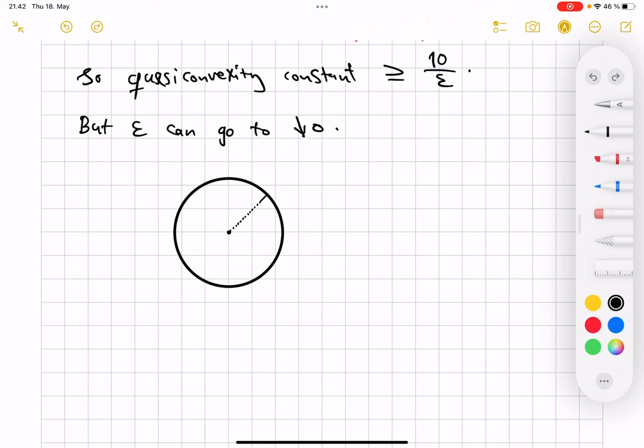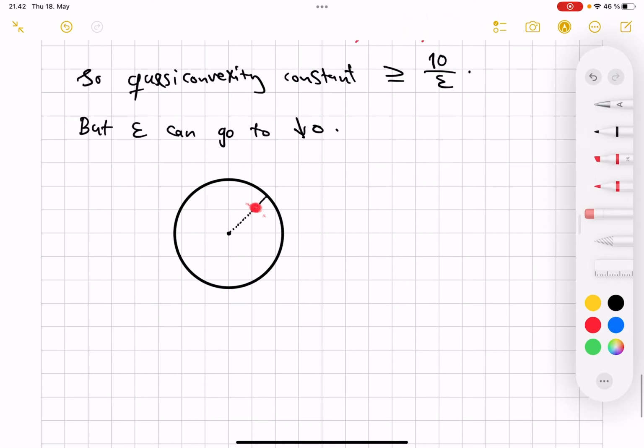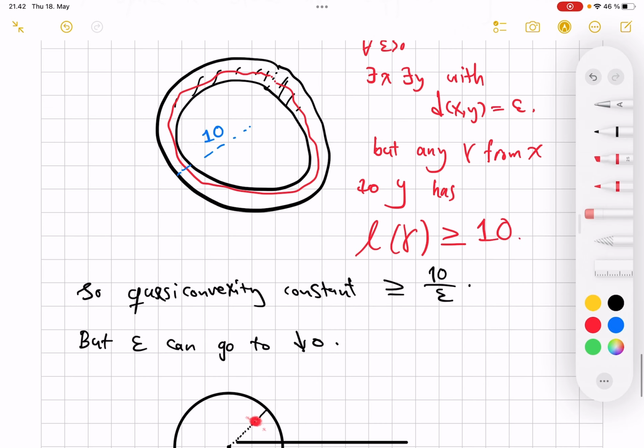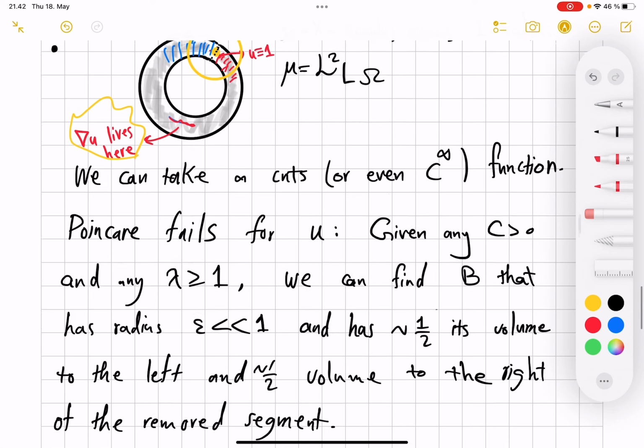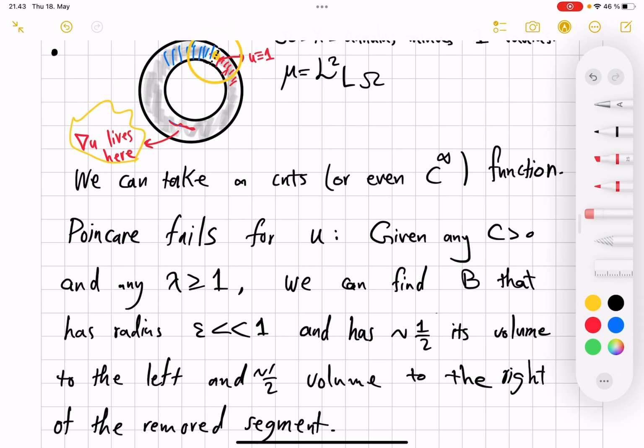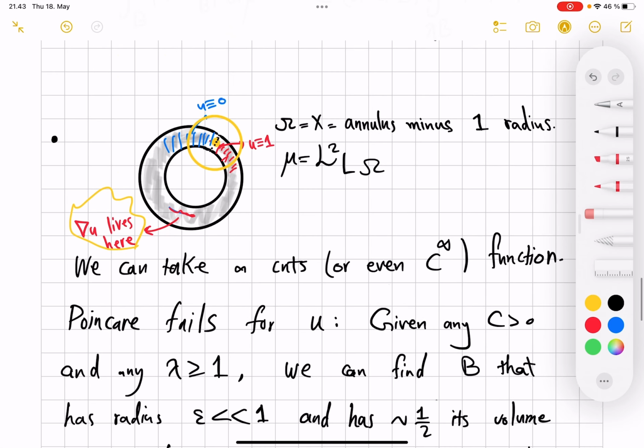For the exact same reasons, there is no Poincare inequality for continuous functions. There is one for Lipschitz though. And in the examples again, you build a ball that touches both sides and you put a function that has very different values on either side. So even just with simple subsets of Euclidean space, you can see that nice stuff happens, and you can already test the general theory with these toy examples.